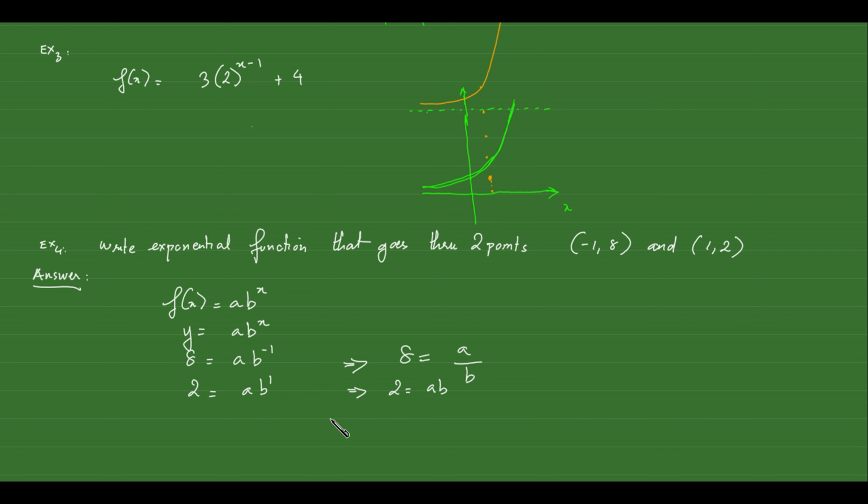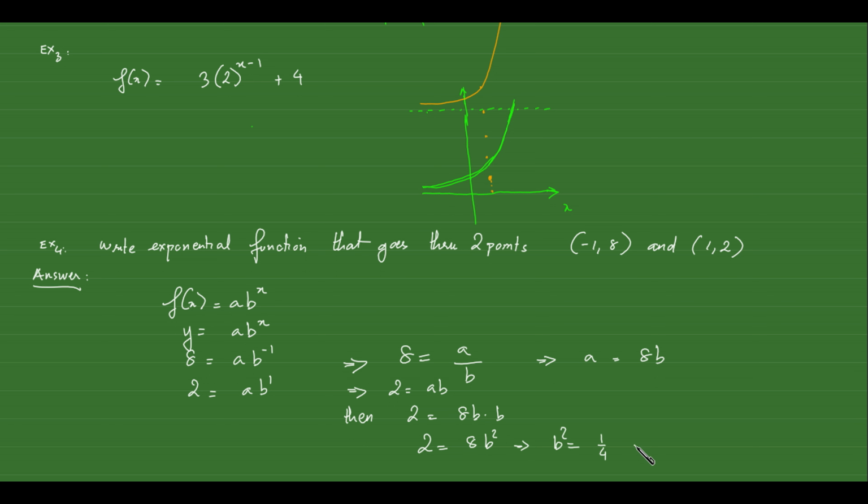Now we're gonna solve for a in terms of b, so a will be 2 over b. Then you're gonna plug a over here, so then 2 over b times b squared. Replace the a over here. So we have 2b squared, and from here we have b squared equal to 1 over 4.